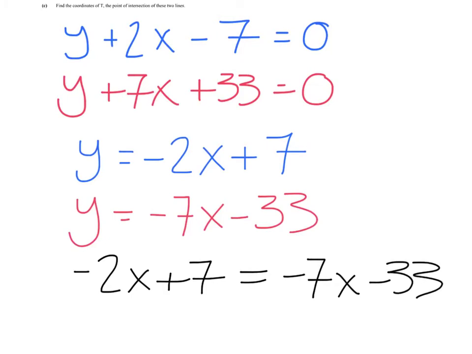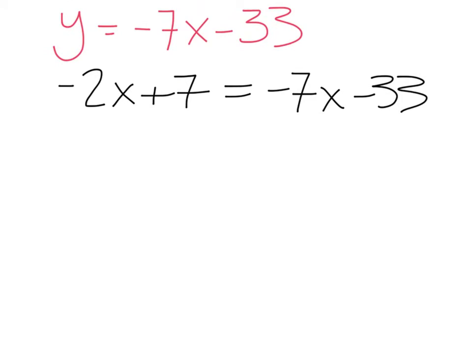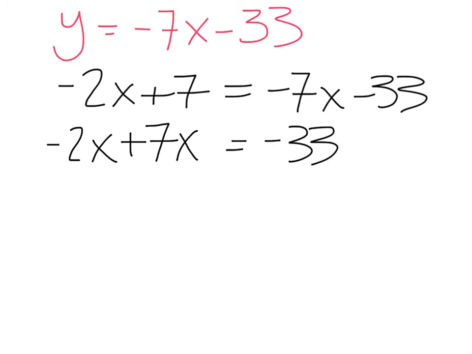So now we have an equation with x's in it only, which means we can rearrange in order to solve for x. So we have minus 2x on this side. If we bring minus 7x onto that side, it becomes plus 7x. On the other side, we already have negative 33, and if we take plus 7 onto that side, it then becomes negative 7.